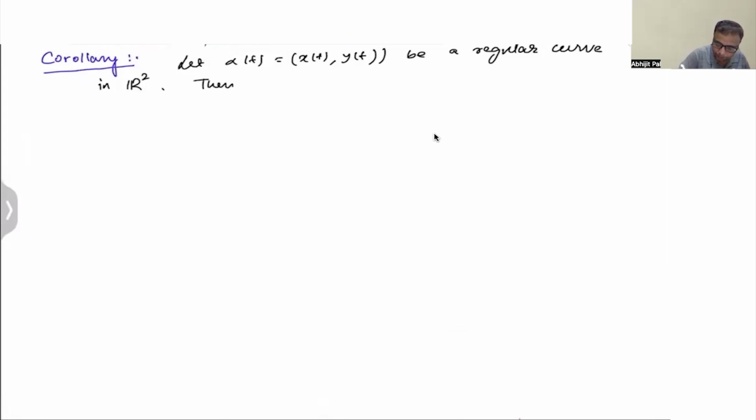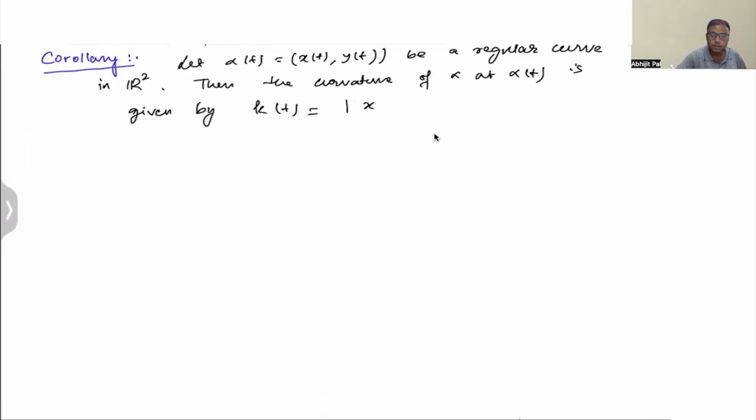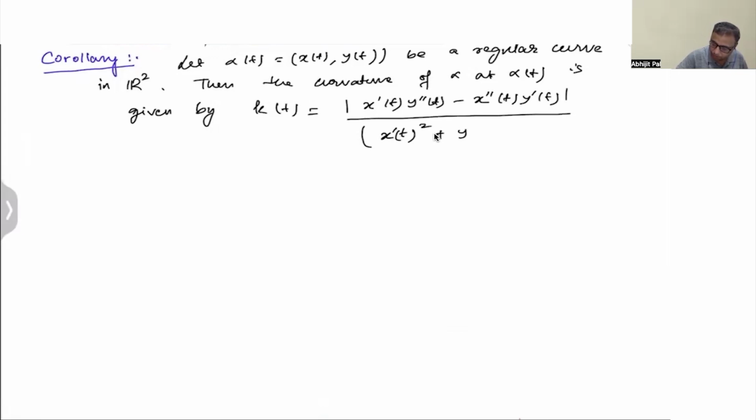So then the curvature of alpha at alpha(t) is given by k(t) equal to the mod of x prime t multiplied by y double prime t minus x double prime t multiplied by y prime t, divided by this quantity, x prime t square plus y prime t square, whole to the power 3 by 2.